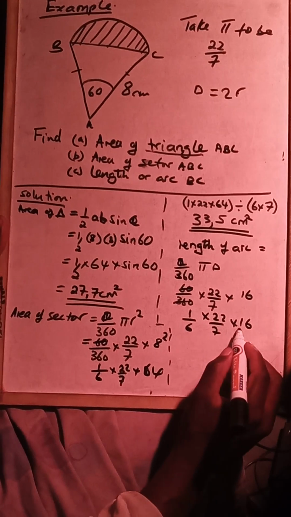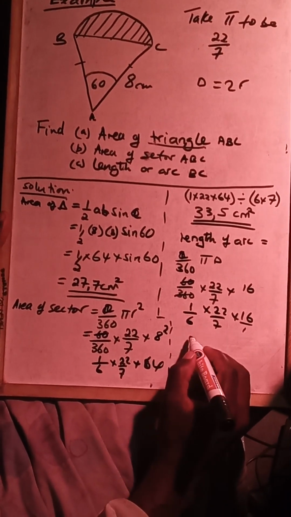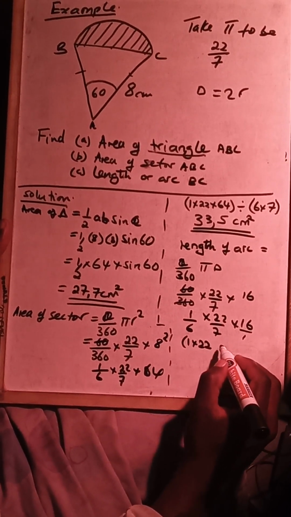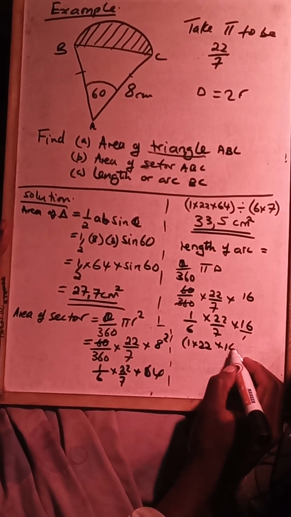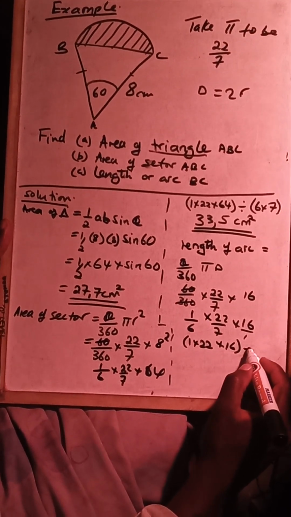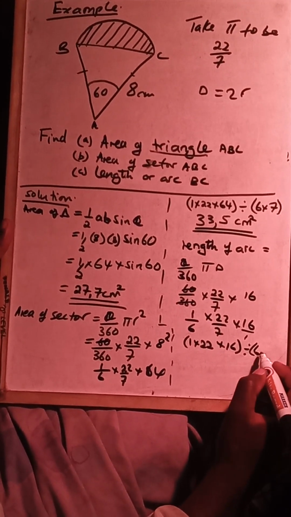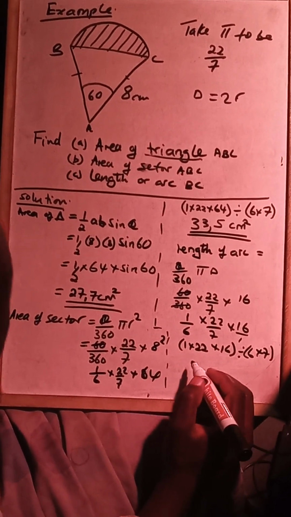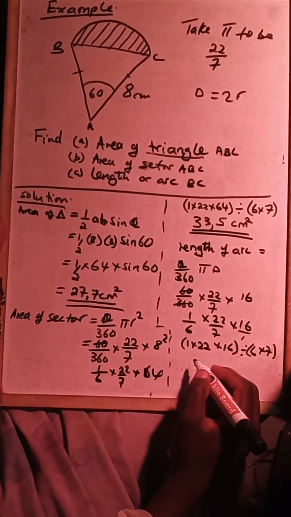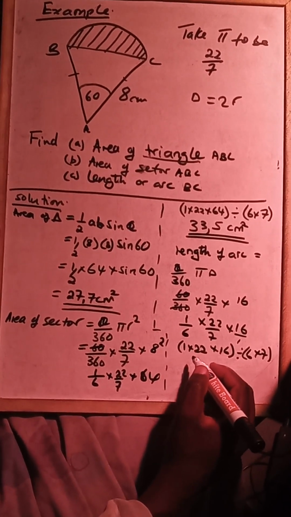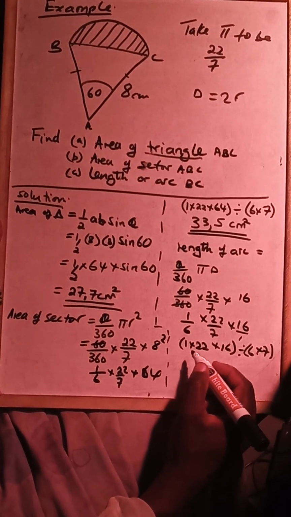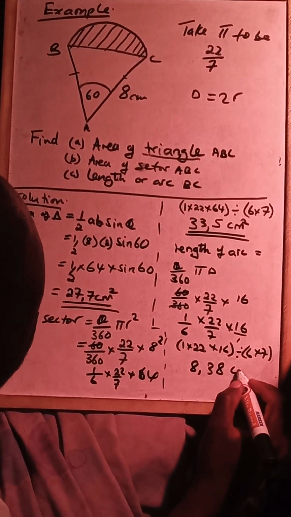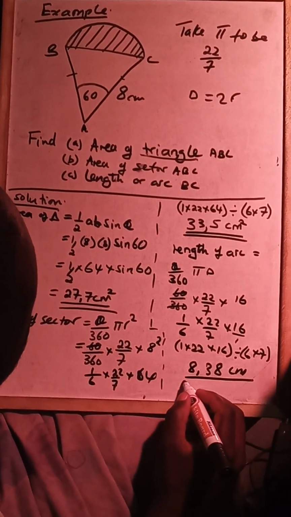Employing the same measure: open bracket, 1 times 22 times 16, close bracket, divided by open bracket 6 times 7. Our answer will be 8.38 centimeters. So that's it.